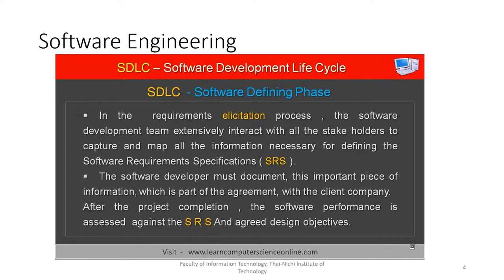This user requirements document is abbreviated as SRS. The software developer must document this important piece of information, which is part of the agreement with the client company. After the project completion, the software performance is assessed against the SRS and agreed design objectives.